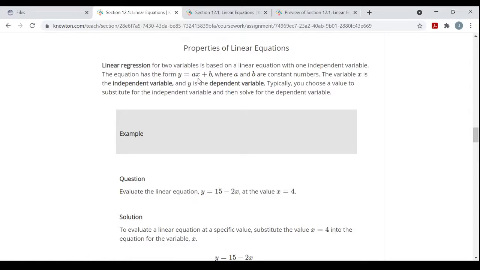Once you choose a value for this independent variable x, the value of y depends on that value of x that you chose. So they would say that y is the dependent variable. So typically, you choose a value to substitute for the independent variable x, and then solve for the dependent variable. What is the value of y?